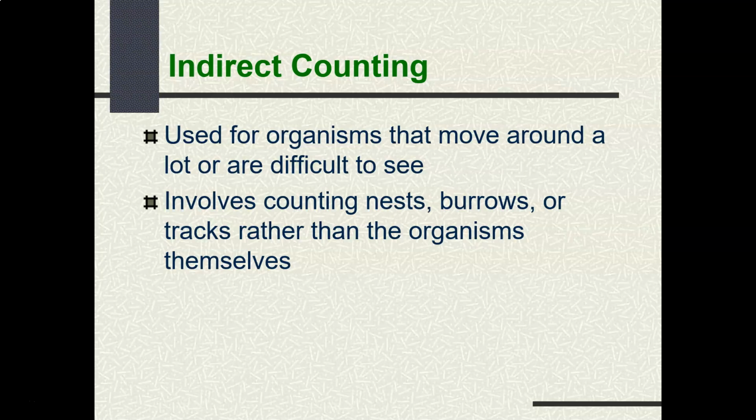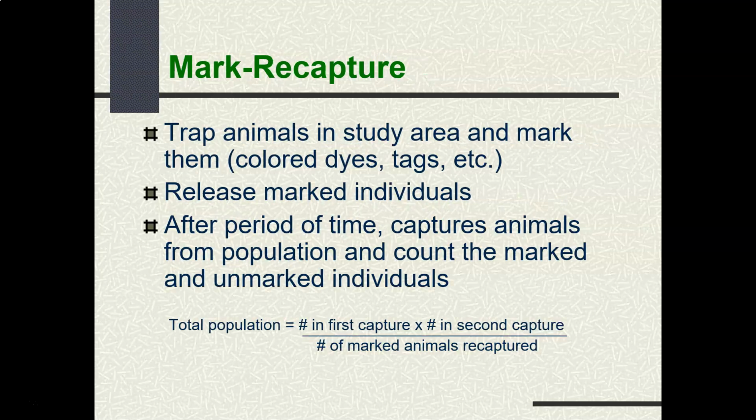It could be an empty nest that just never got destroyed from 3 years ago, and that organism is long gone. So again, benefits and drawbacks, right? Helpful when you can't directly count those individuals because you can't get to them, you can't see them, whatever the case is. But definitely potential flaws in the type of data that you collect.